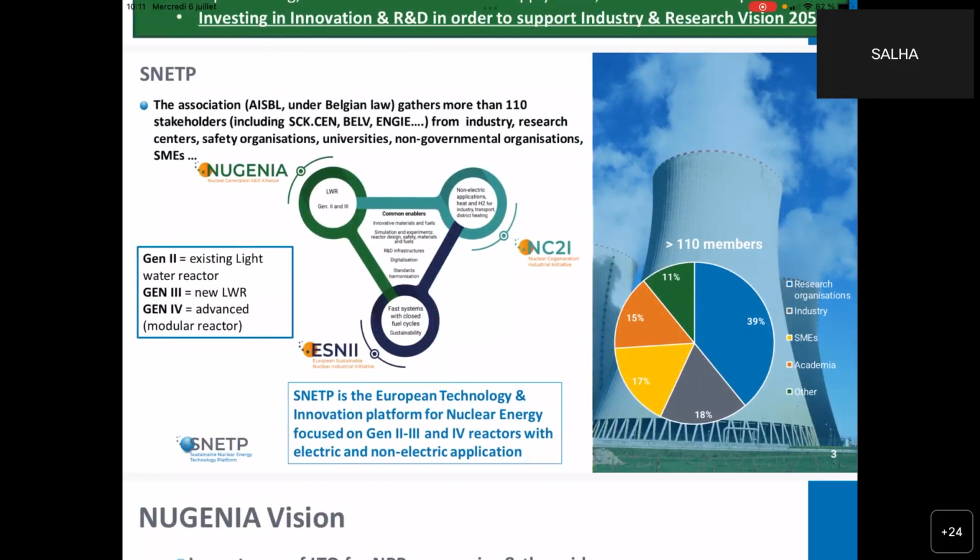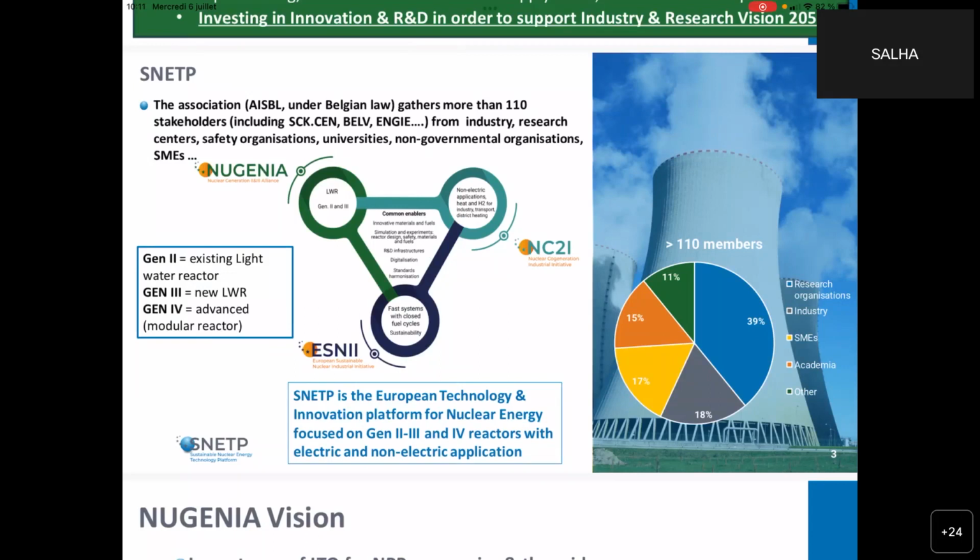You see the small camembert on the right-hand side of my slide. And we are organized around three main topics. In our organization, we call them pillars. You see on the slide, they are called Nugenia, NC2I, and ESNI.